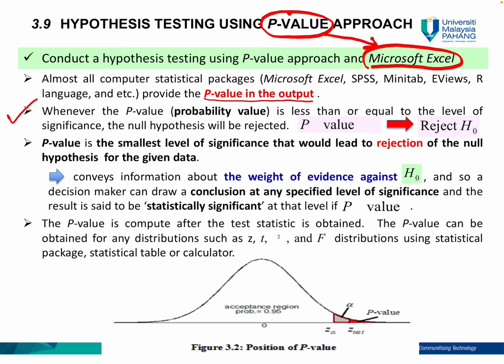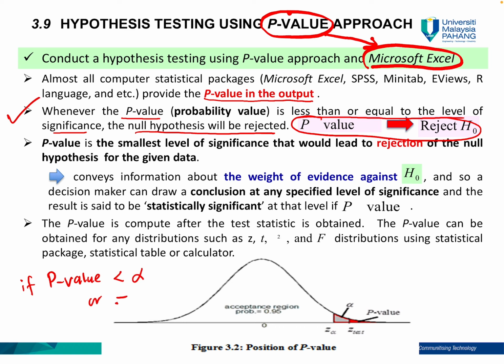Okay, the condition here. Whenever the p-value is less than or equal to the level of significance, the null hypothesis will be rejected. So please remember, if p-value is less than alpha or equals to alpha, you have to reject H null. Okay, please remember this condition.